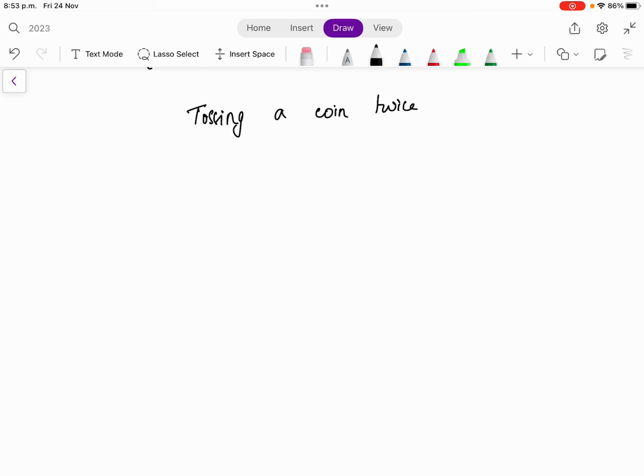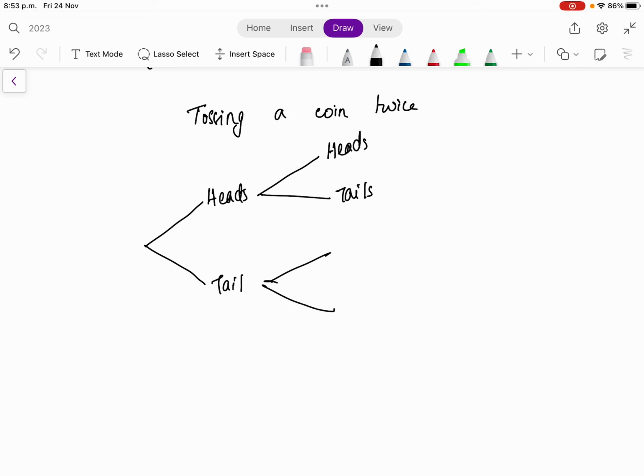What are the possibilities when I toss a coin twice? That is what I am going to represent using a tree diagram. The first time when you toss, you will get a heads or a tails. Again, when you toss it the second time, you can get a head or a tail.